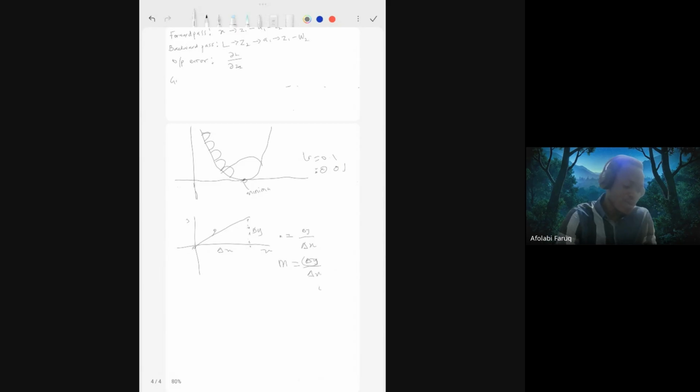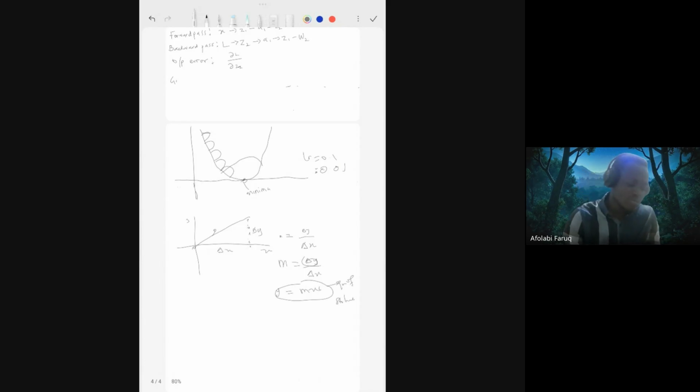To get our y, which in this case is going to be our output prediction, we can say y equals mx. So this is a simple straight line equation, referred to as the equation of a straight line.